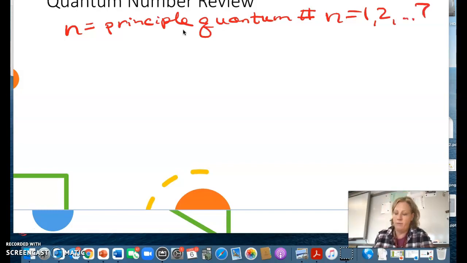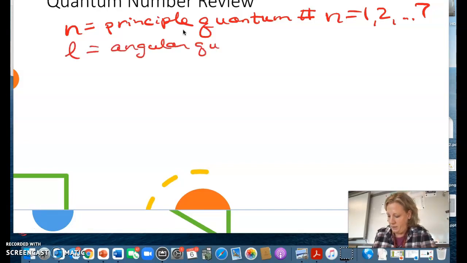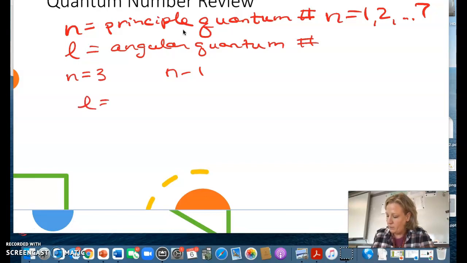And then we have l, which is the angular quantum number. And this one is going to be equal to n minus 1. So, for example, if n equals 3, then we know that l equals n minus 1, which would be 2.